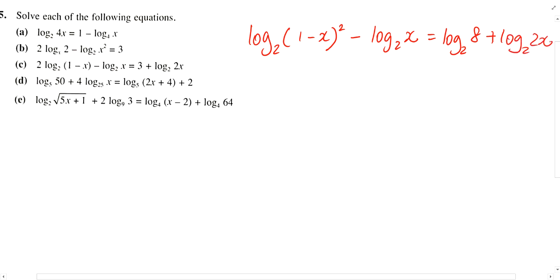Okay, do you all see why it became an 8 over here? Okay, good. What's the next step, Ying Zheng?